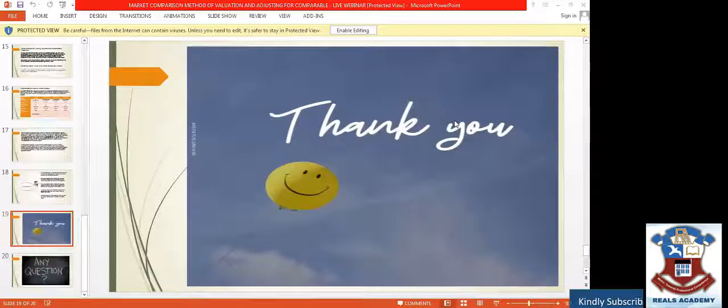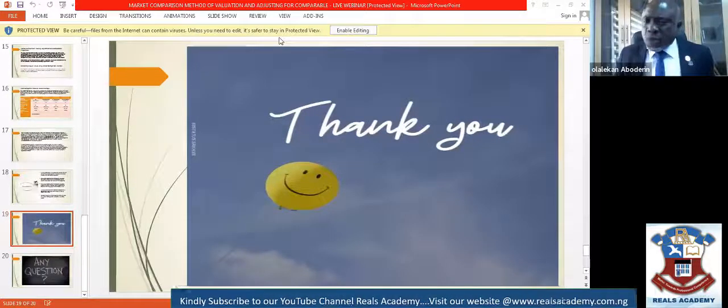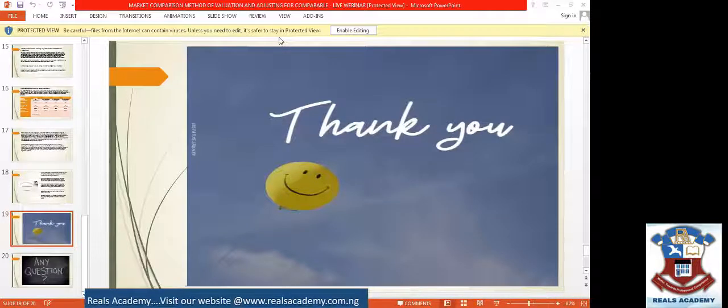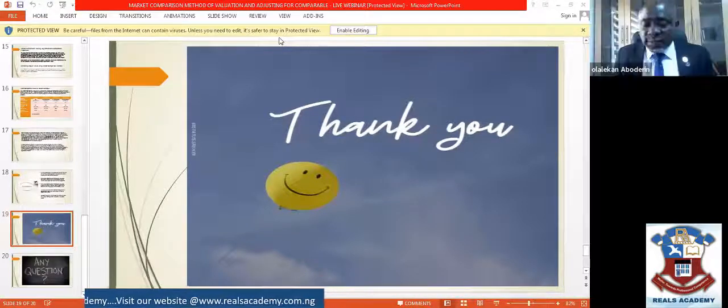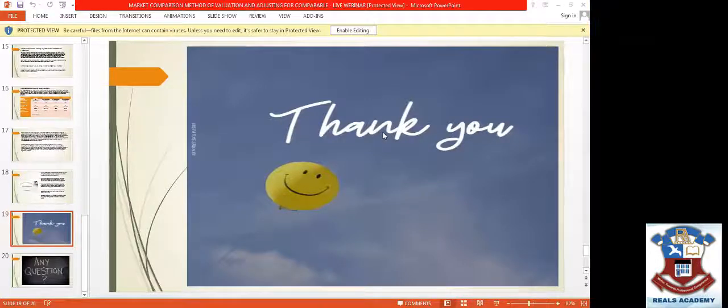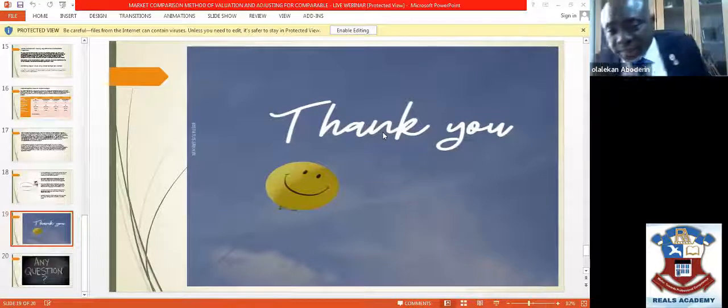So there is nothing wrong for us to really go Endonic, because we are in a sophisticated world today. We must ensure that we move with the pace in our society so that we can render valuation practice based on international best standard.